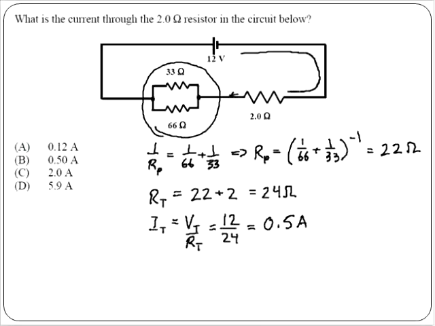All of the current that leaves the battery has to go through the 2 ohm resistor, no choice. So the answer is B, because it's the same as the total current. So there's your total current, and therefore there is the current through the 2 ohm resistor. That's a fairly straightforward combination circuit. But in combination circuits, you've got to be careful finding the total resistance. That's the important part, and it's the part that sometimes may be a little difficult.